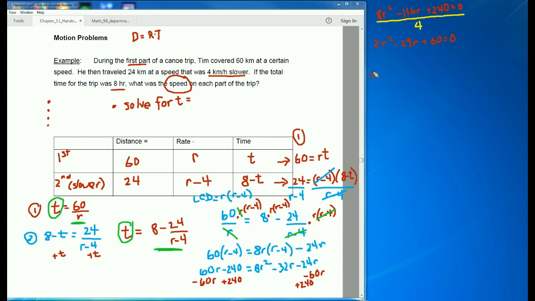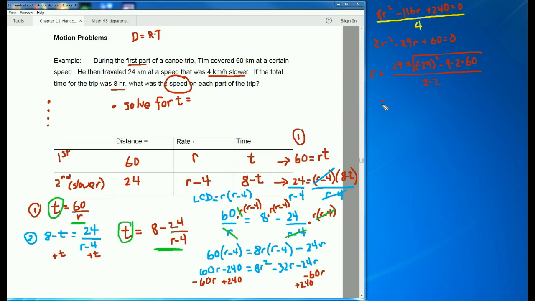Okay, so r equals negative b, which would be positive 29, plus or minus the square root of the quantity negative 29 squared minus 4 times a, which is 2, times c, which is 60. All of that divided by 2 times a, which is 2.